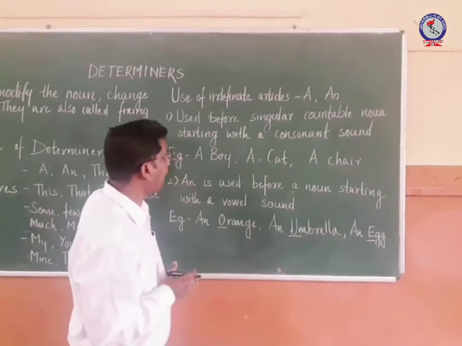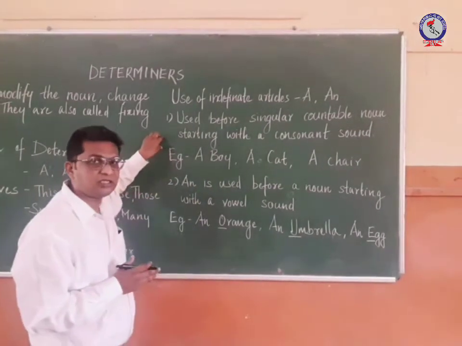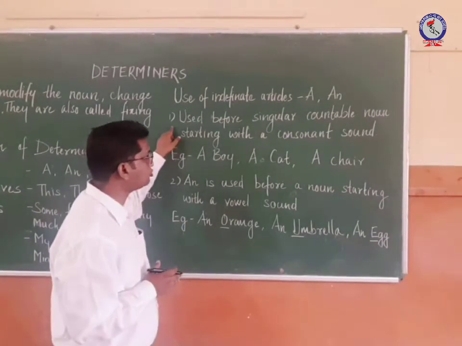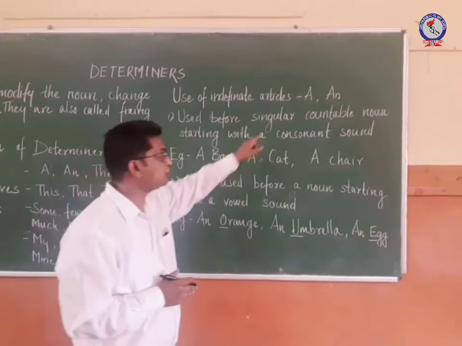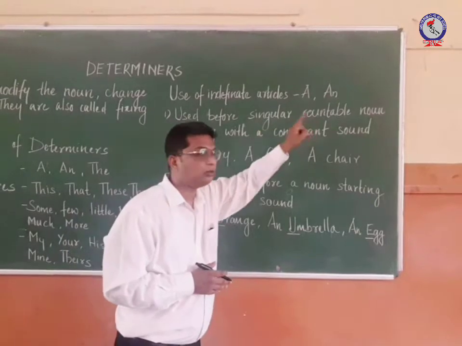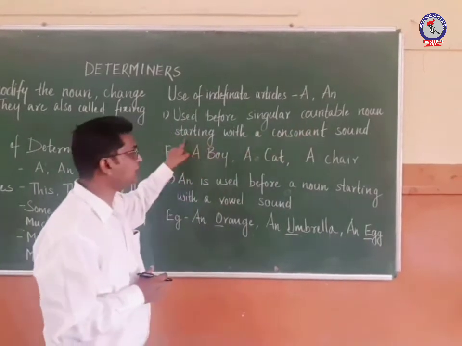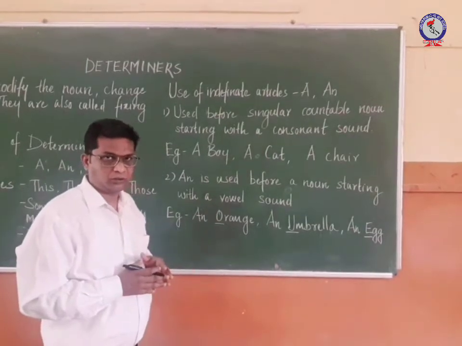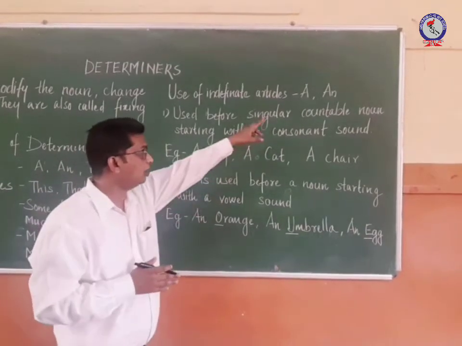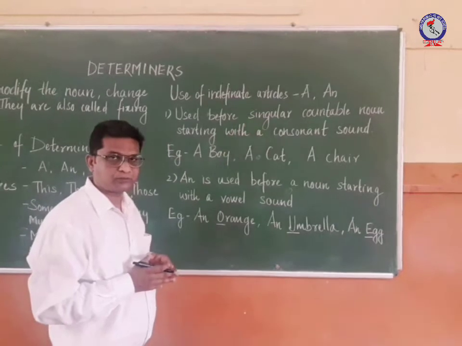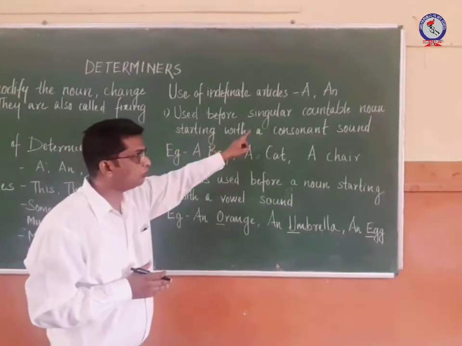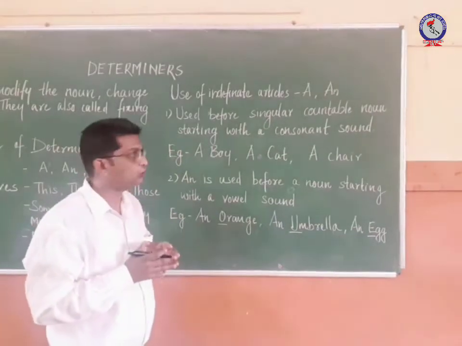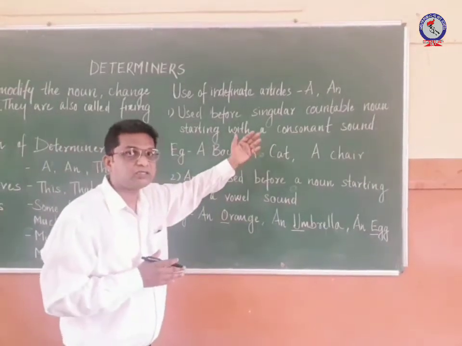Let us see how these indefinite articles are used. Article a is used before a singular countable noun that starts with a consonant sound.